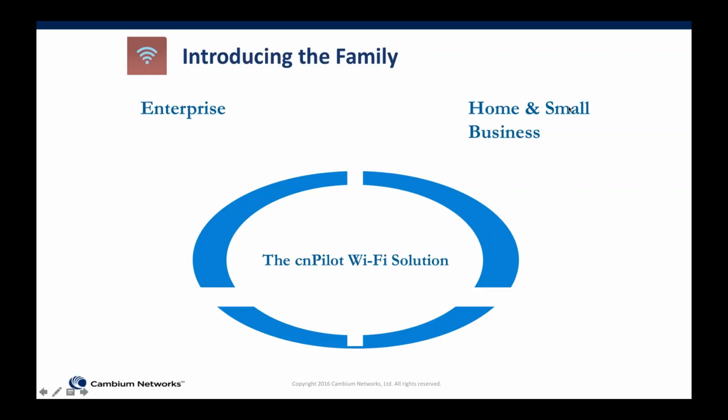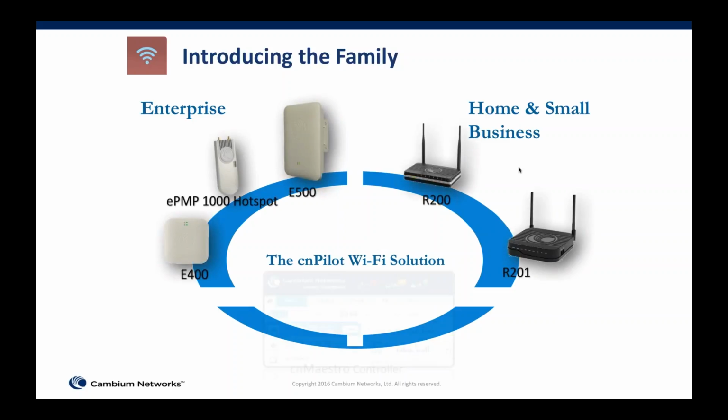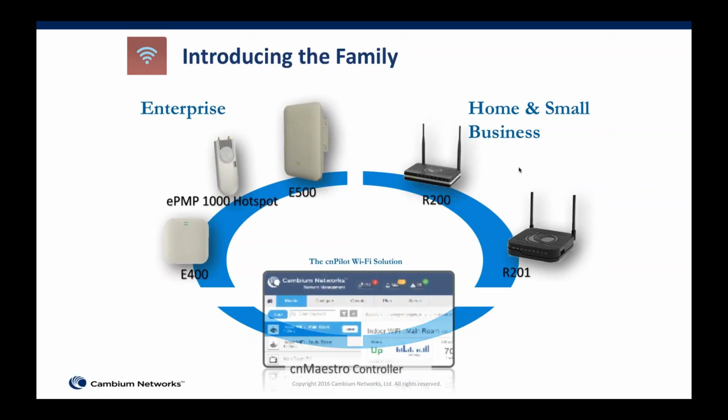So what cnPilot has, and this is just an overview for those who are new, we have two categories of products: the home and small business routers and our enterprise class of routers. Today we'll be focusing on the enterprise class. On the enterprise side, we have the E400, the single band ePMP 1000 hotspot, and the dual band 11AC E500, which is an outdoor product.